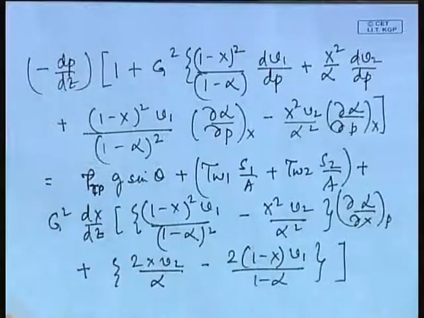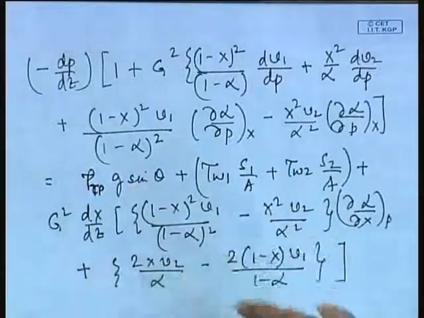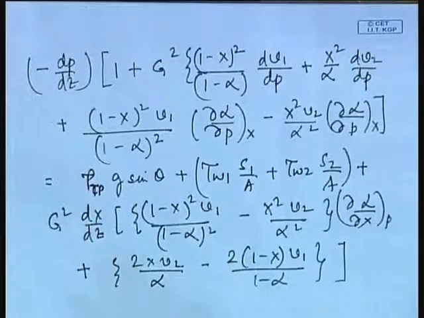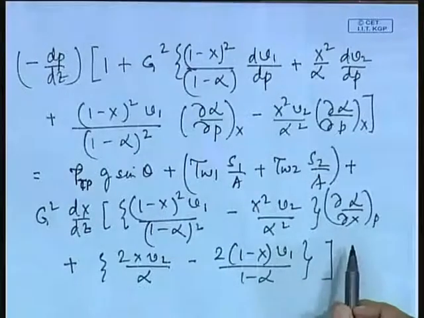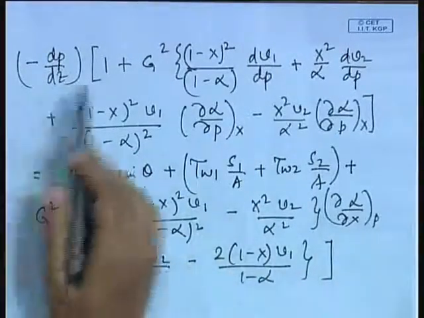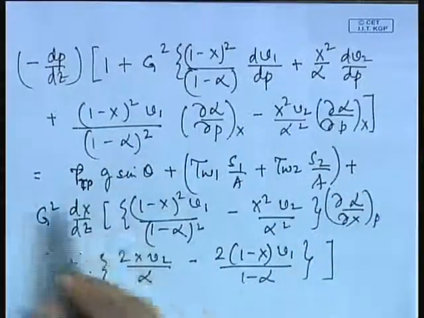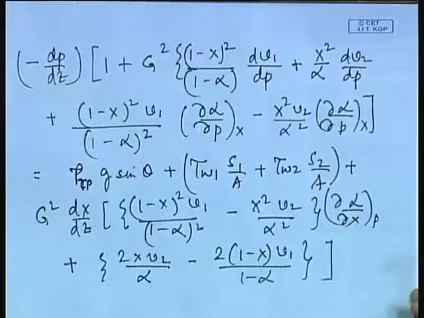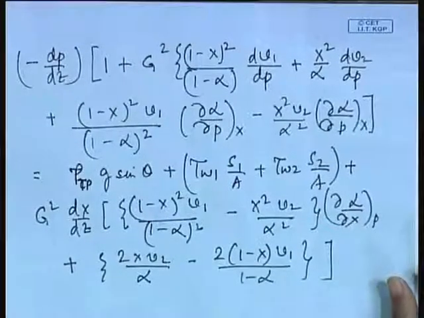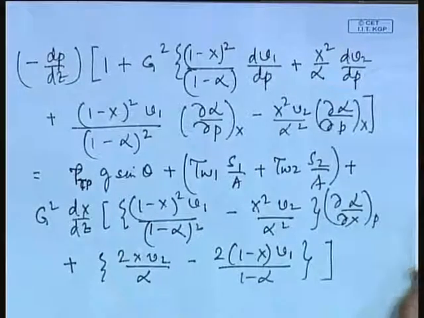A huge expression which might frighten you, but if you do it slowly, understanding everything and not making mistakes, then I do not think it is going to be very difficult for you. Okay, so from here you can just note down the derivations which I have made, that is going to be easy for you. It is simply dp dz into this whole thing, equal to this particular portion. The final expression you will definitely get in textbooks, but arriving at the final expression, you probably have to do it on your own.